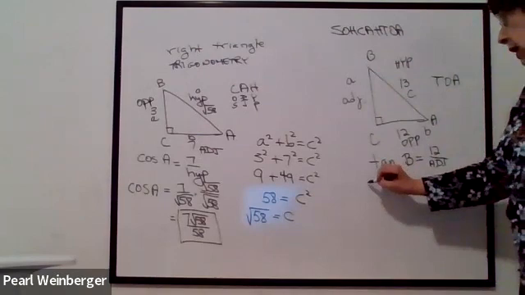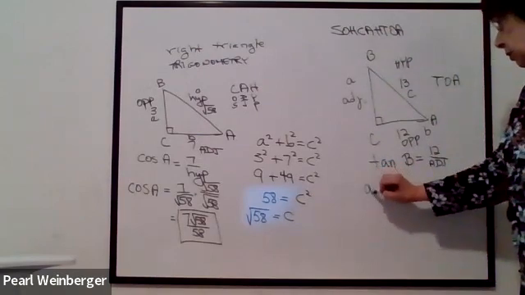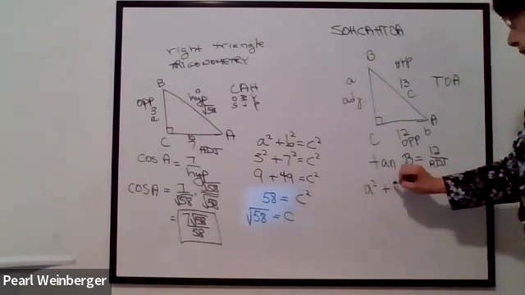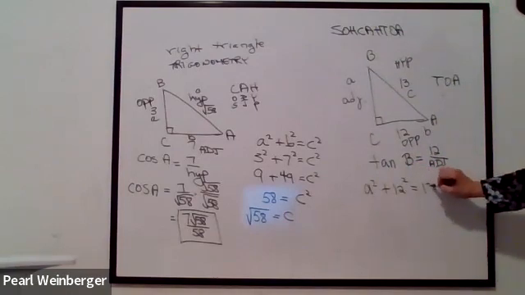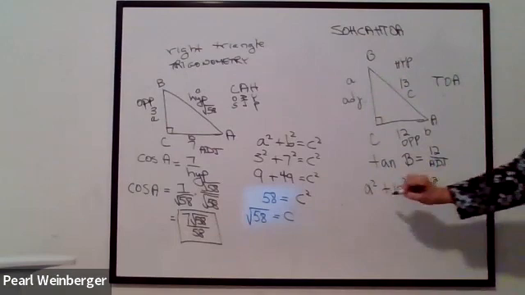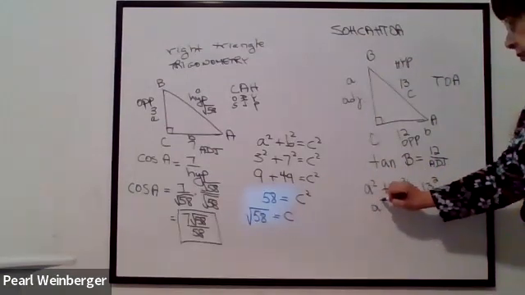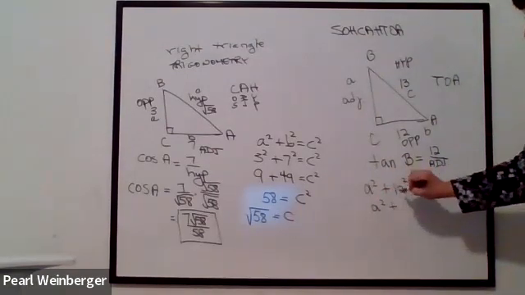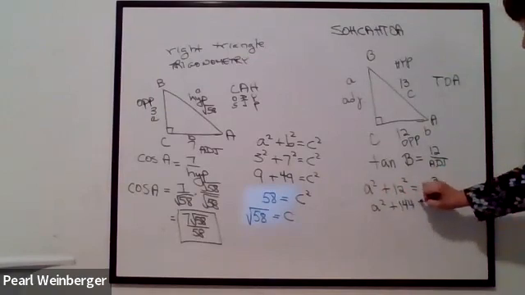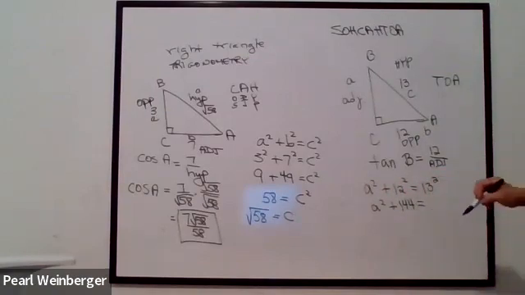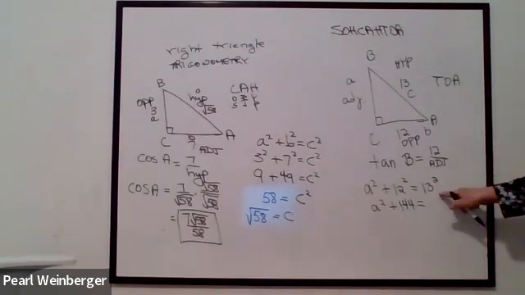So I'm going to do a squared, which I don't know, plus b squared, 12 squared, equals c squared. That's 13 squared. So that'll give me a squared plus 12 times 12 is 144. Again, you could do this on your calculator. It's really important that you have a calculator because these numbers become pretty big.